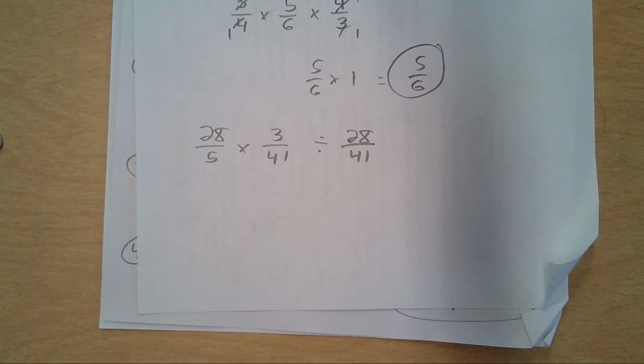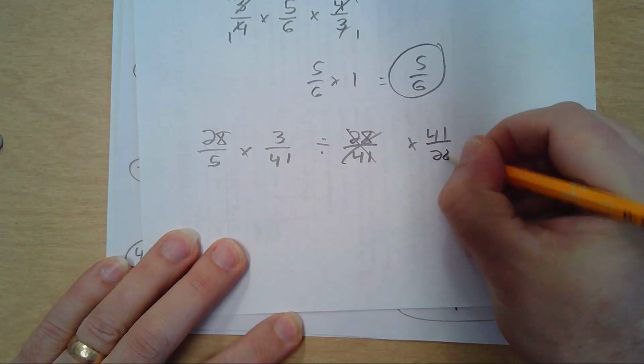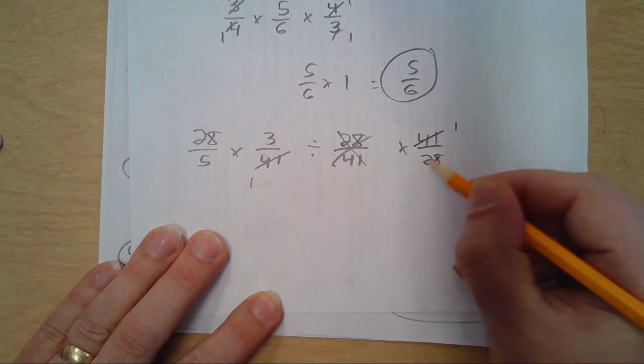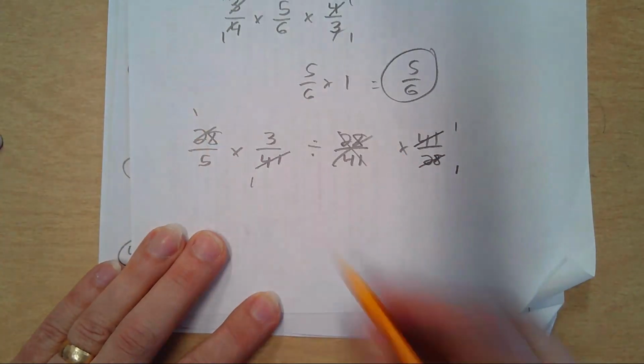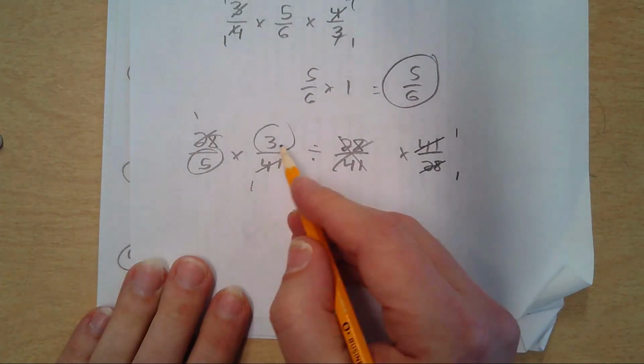Is it cross simplifying the 3 and... no, never mind. Is the answer 3/5? 3/5. Right. Because again, I'm going to multiply by 41/28, right? Now, the 41s cross out, and then the 28s, they're over here, they cross out, all I'm left with is the 3 and the 5. This numerator and this denominator.